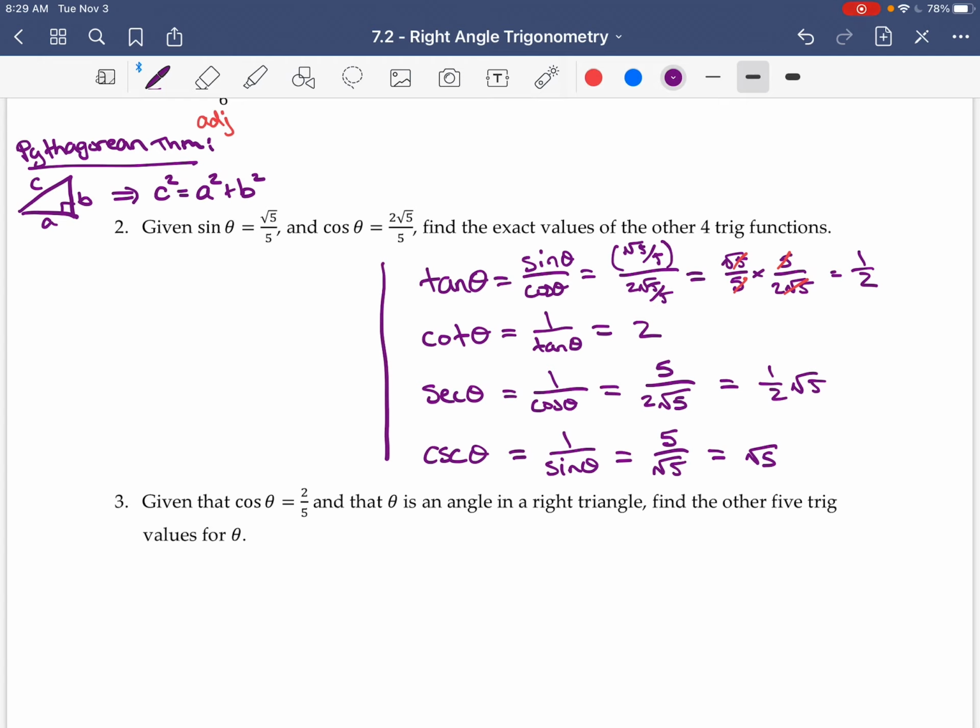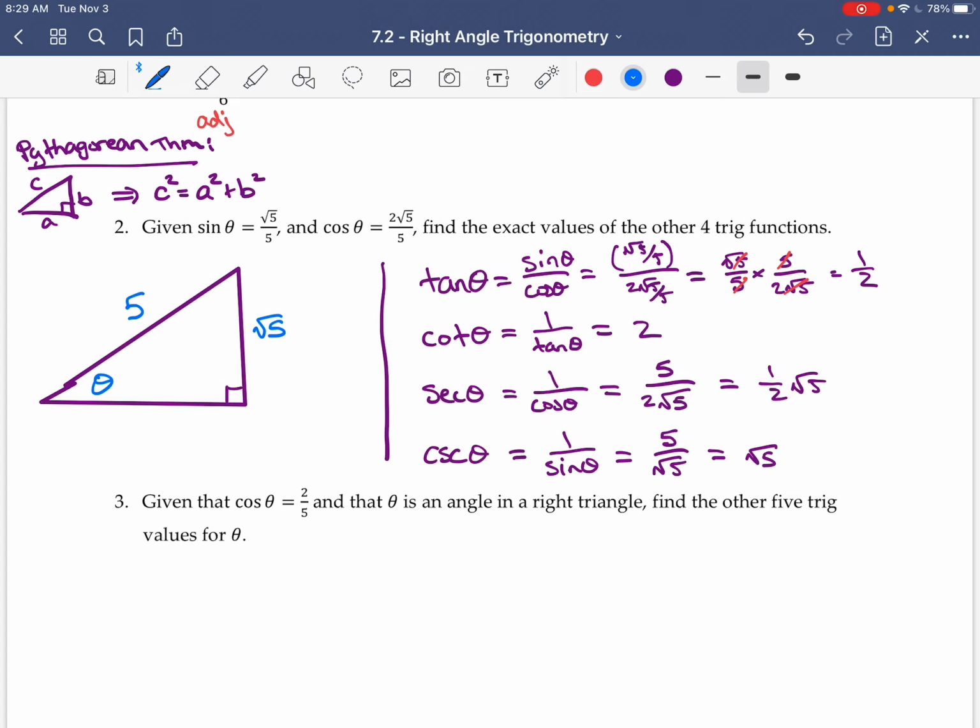So what you would do is you make your right triangle. Okay, so that's not very good, but so that's our right triangle. Let's put the angle theta here. Okay, so sine theta equals root 5 over 5 tells me that the opposite side should be root 5 and the hypotenuse should be 5.